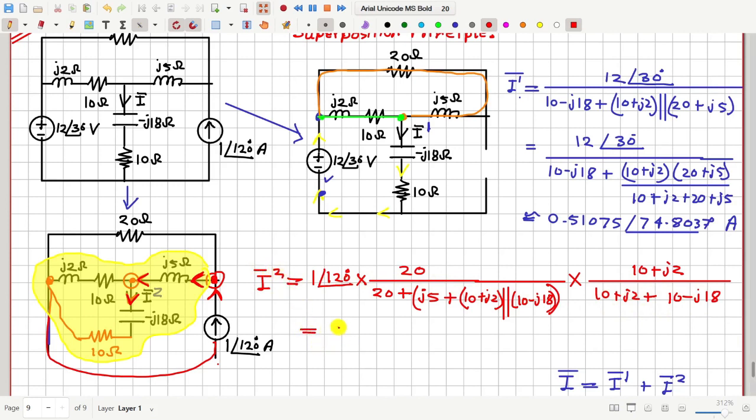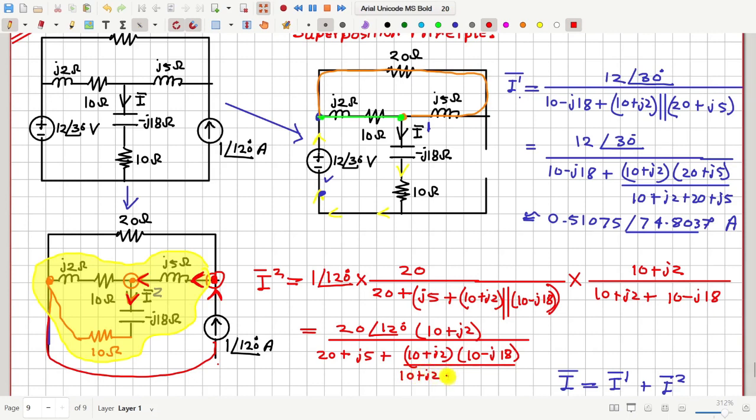Now if you simplify this, this will be 20 angle 120 degree, then 10 plus J2 in the numerator, and then in the denominator we have 20 plus J5, plus this parallel combination which is 10 plus J2 into 10 minus J18 whole divided by 10 plus J2 plus 10 minus J18.